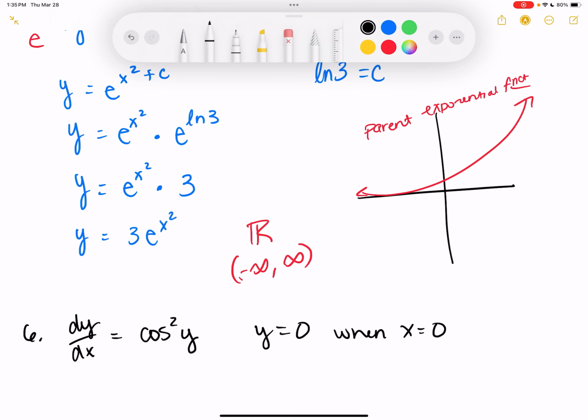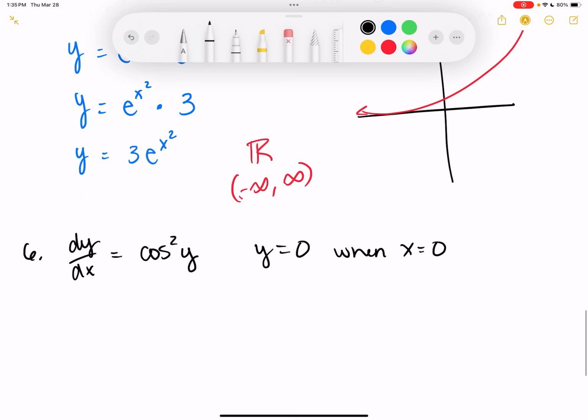So what do I have going on over here? There's no x, but I still am going to proceed like I normally would have. So I'm going to move the y stuff over and I'm going to multiply by the dx. So on the left, I'm going to have 1 over the cosine squared of y, dy, is equal to dx. And obviously, there's an imaginary 1 in front of it.